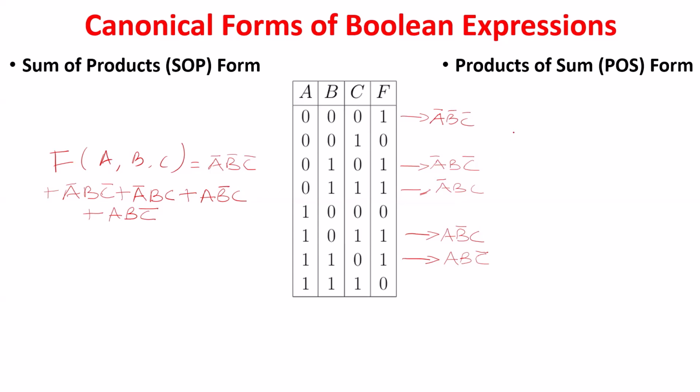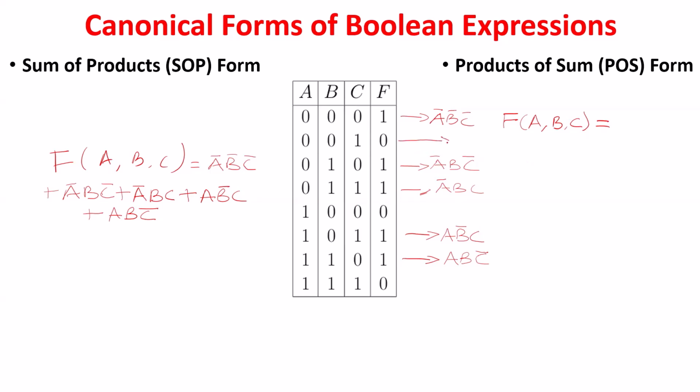Now, to find the same for the product of sums form, we look at the outputs for A, B, C where we have 0.